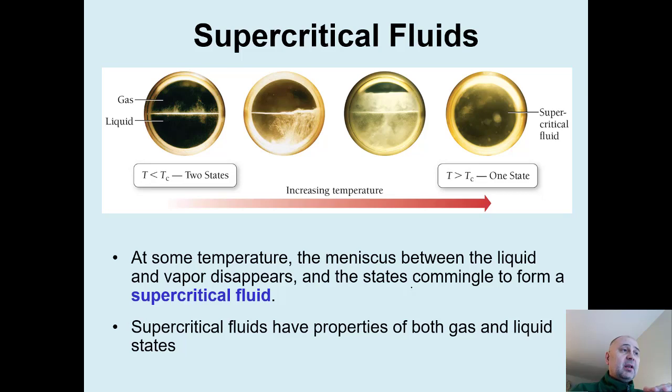But if you have a really sturdy container that can withstand the pressure, you are going to end up with what is called a supercritical fluid, which has a property that's somewhat in between a liquid and a gas. It's fairly unique. It's not its own phase, but it is.